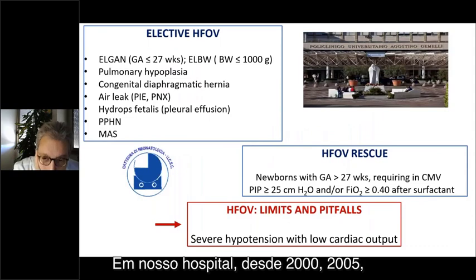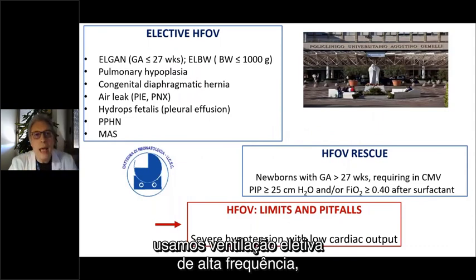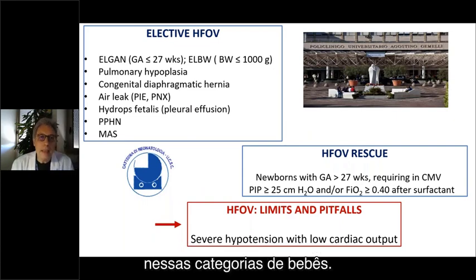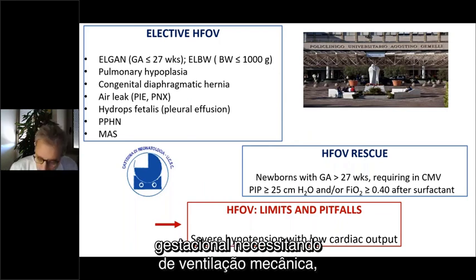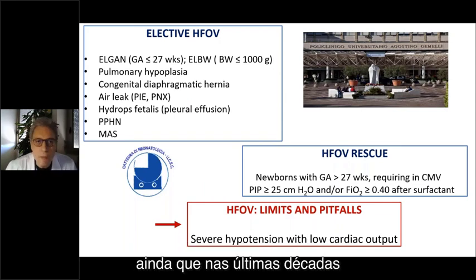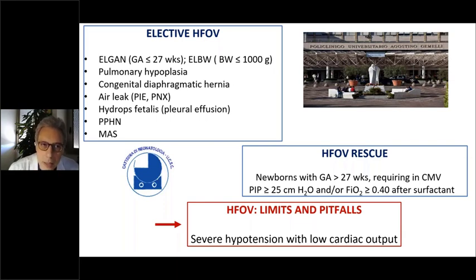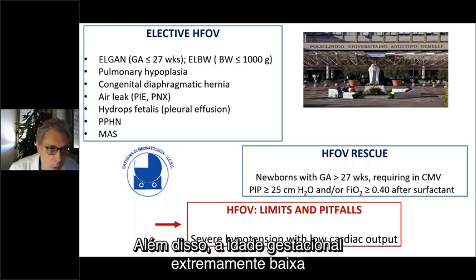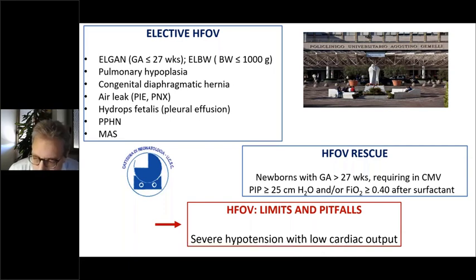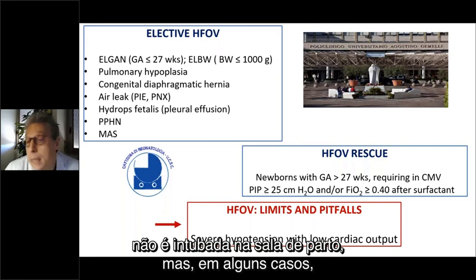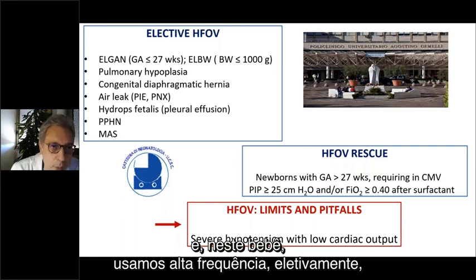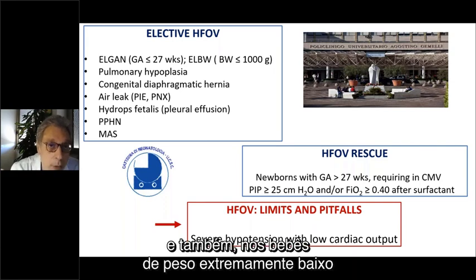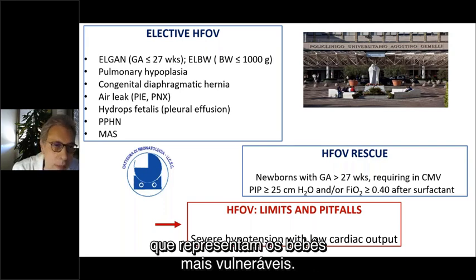In our hospital, since 2000-2005, we use elective high frequency ventilation in these categories of babies. First of all, the extremely low gestational age newborns needing mechanical ventilation, even if in the last decades there is an increasing number of babies, also extremely low gestational age, not intubated in the delivery room, but in some cases we have to intubate the babies, and in these babies we use high frequency electively, and also in the extremely low birth weight infants that represent the most vulnerable infants.